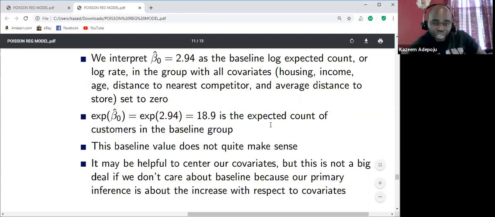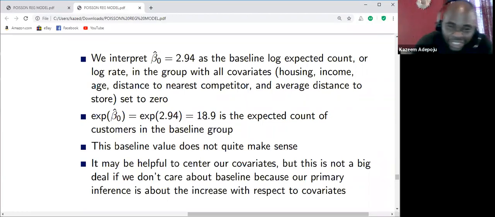And if you want to know the expected number of customers in the baseline group, you take the exponential of beta naught, which is 18.9. So about 19 customers are predicted to be in the baseline group. And the baseline value does not make any sense.